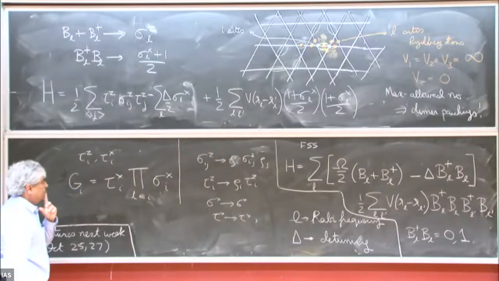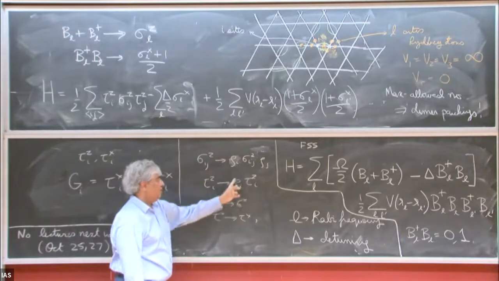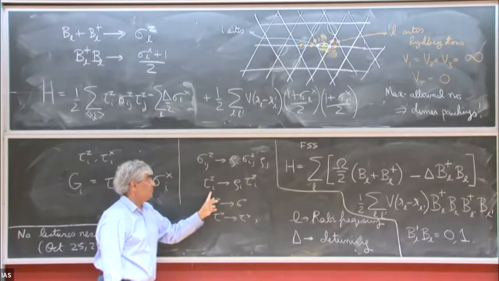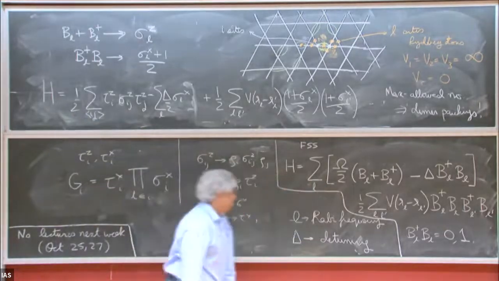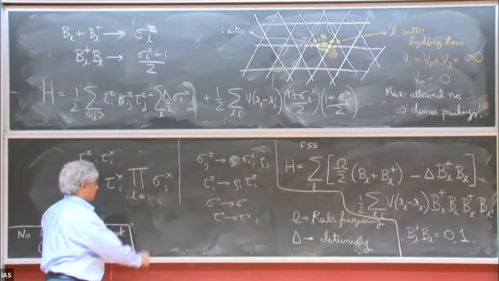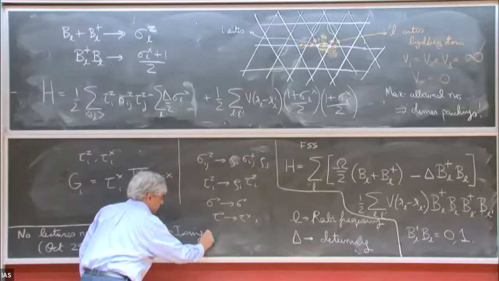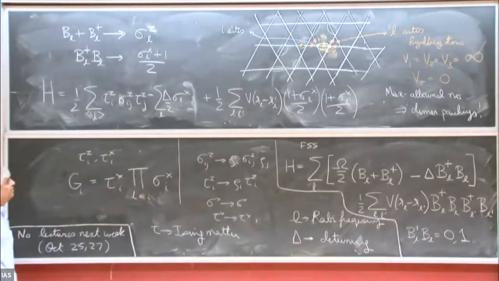And now you can see that I can always choose my gauge, so as to make tau z equal to 1. So if I choose the gauge where tau z equals 1, I'm back to this Hamiltonian. So this tau is called an Ising matter field. So it's not a pure gauge theory. It also has matter fields.